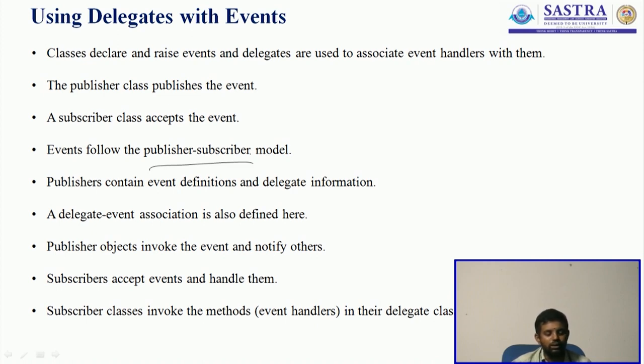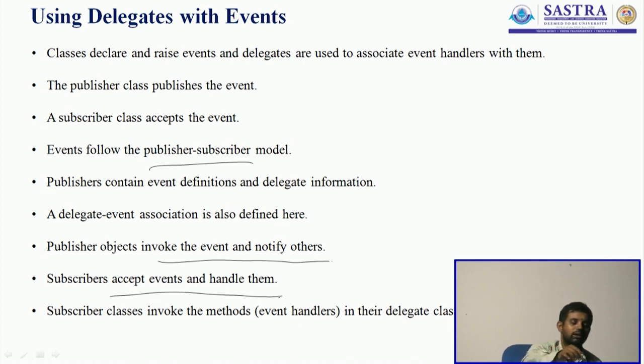The publisher is going to invoke the event and notify others. The subscriber accepts the events and handles them, right. As I told you earlier, events follow the publisher-subscriber model.